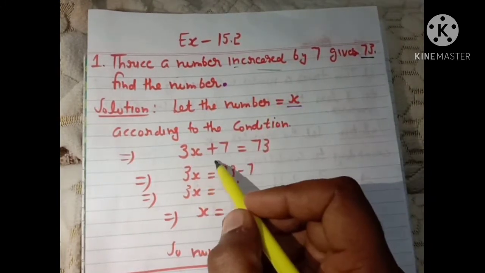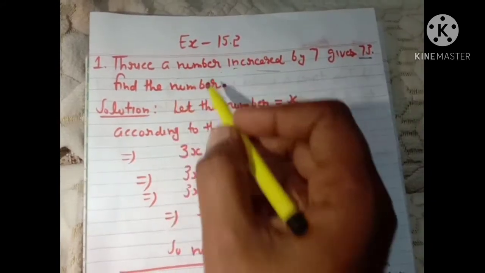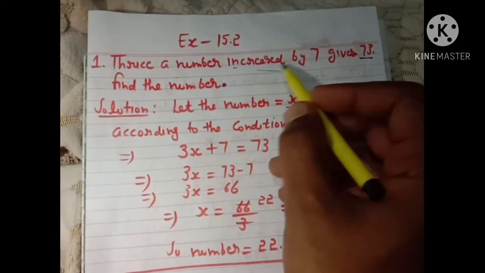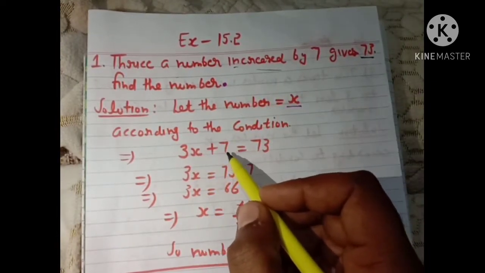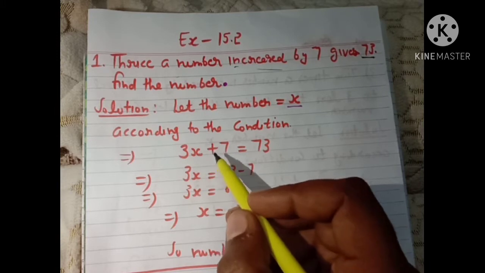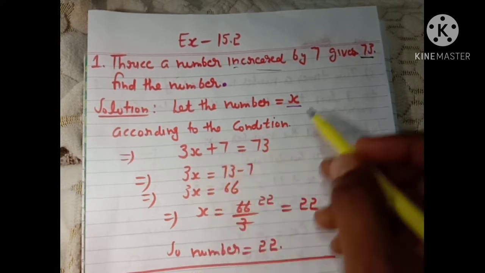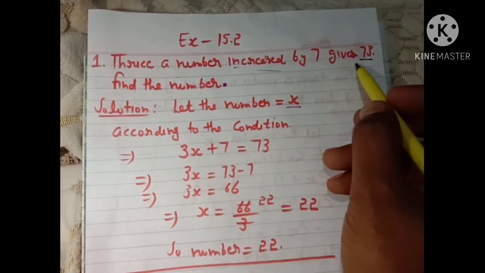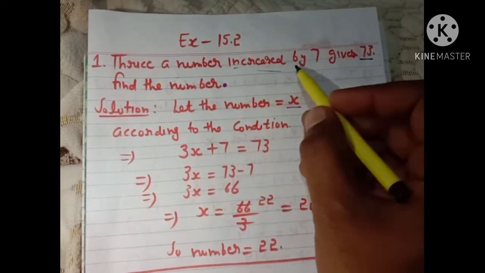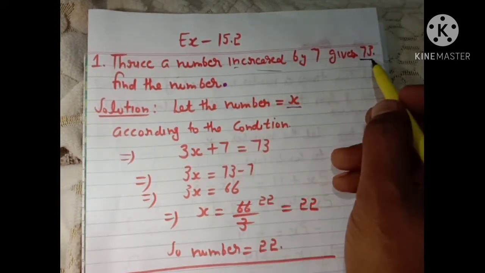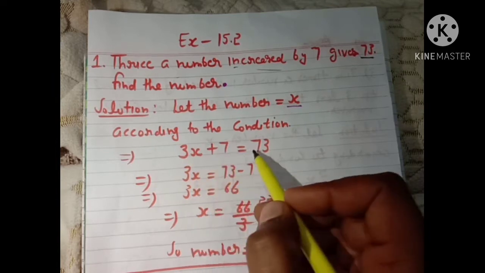So 3x plus 7 is equal to 73. The value of this condition is equal to 73.